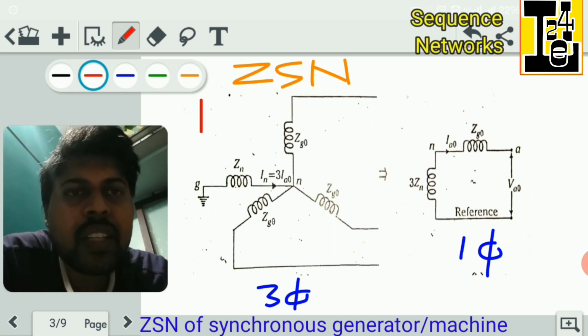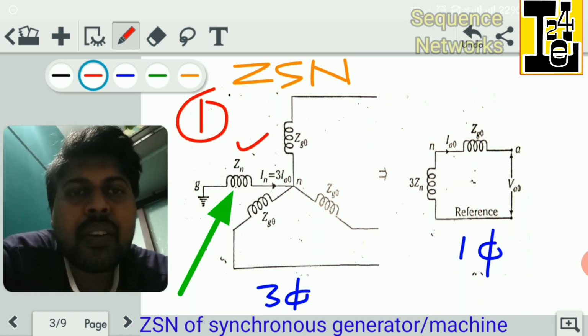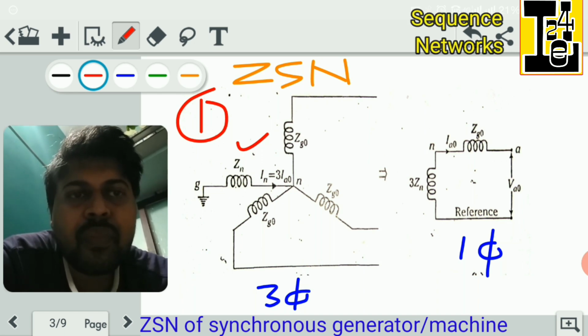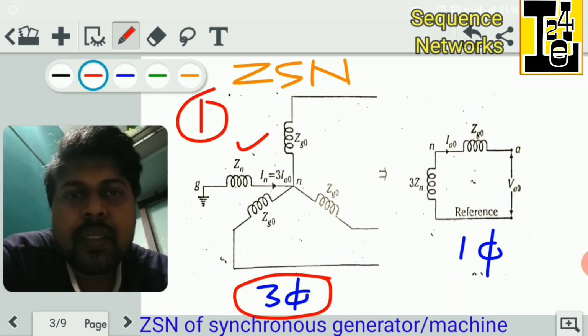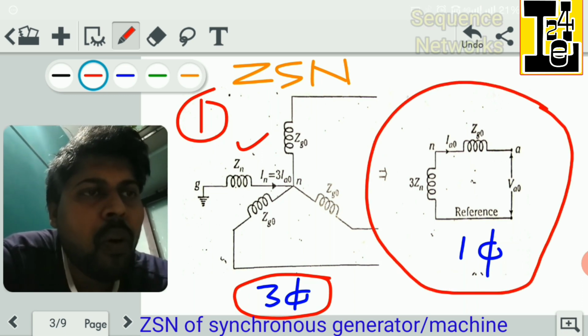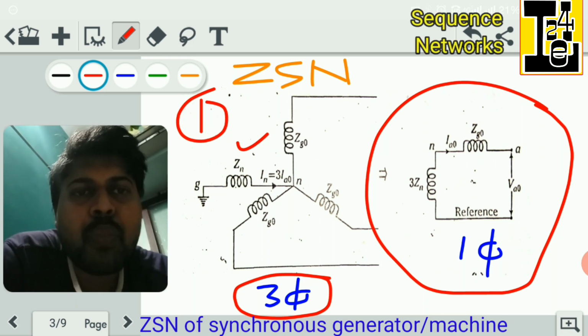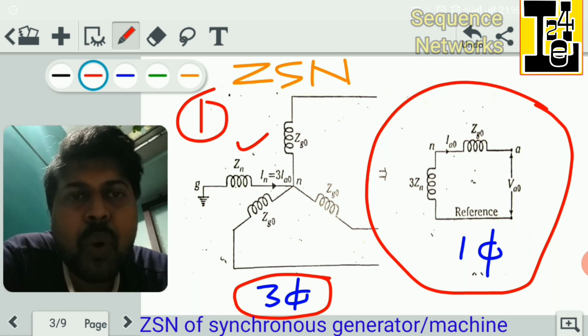The first case is when the neutral is present, that is the reactor Zn is connected to the neutral point of the synchronous generator and the ground. This is the three-phase model of that network, and this is the single phase model of the network when the neutral point is connected, or when the reactor is connected to the neutral point.